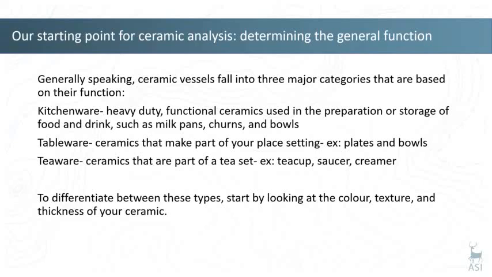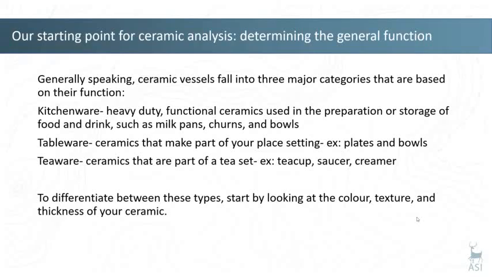Then tableware is the ceramics that you are eating off of, or that is being served from. And then teaware are the ceramics that are part of a tea set. So you want to start by looking at the color, texture, and the shape.